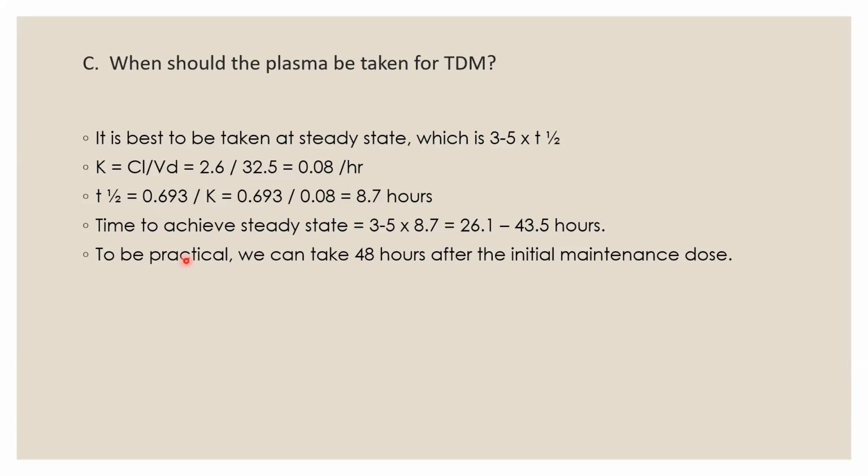Time to achieve steady state, 3 to 5 half lives, is 26.1 to 43 hours. But to be practical, we can take the plasma 48 hours after the initial maintenance dose, so 2 days after the initial maintenance dose.